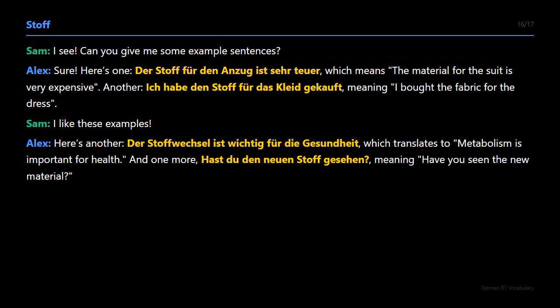I like these examples. Here's another. Der Stoffwechsel ist wichtig für die Gesundheit, which translates to metabolism is important for health. And one more. Hast du den neuen Stoff gesehen? Meaning have you seen the new material?